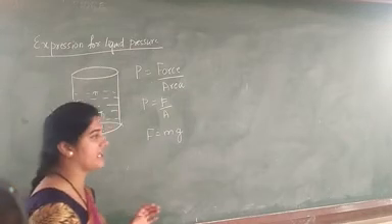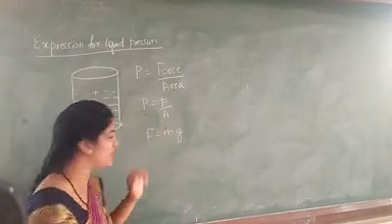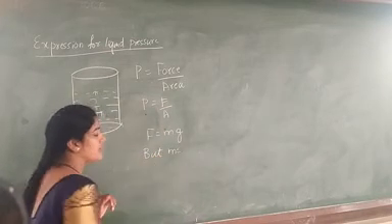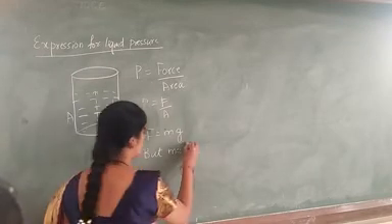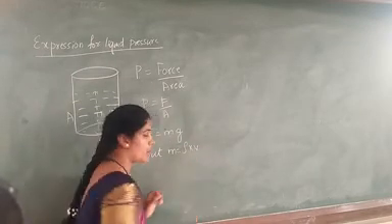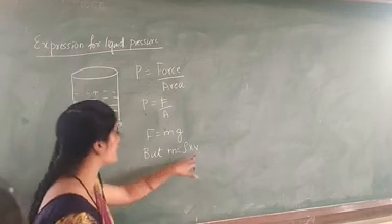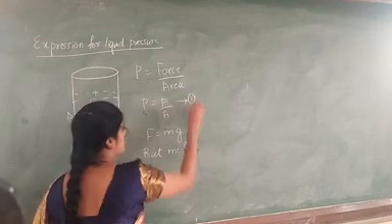Now this pressure can also be written as P is equal to mg by A. But we are considering mass is equal to rho into V. Now let us consider this equation, M is equal to rho into V, as equation 1.